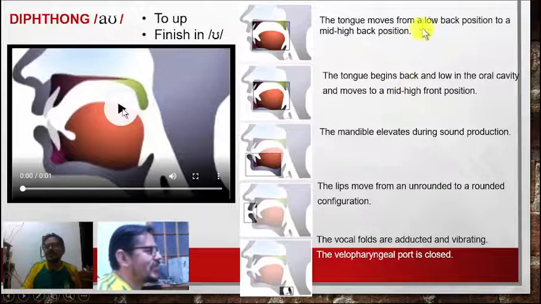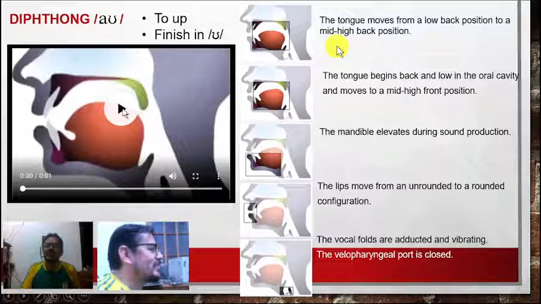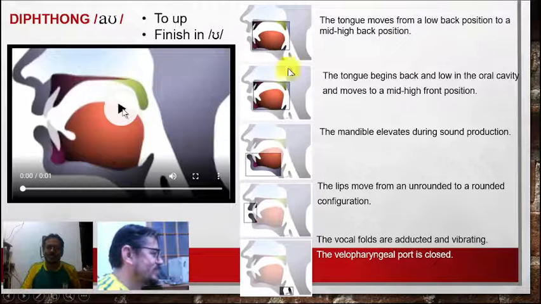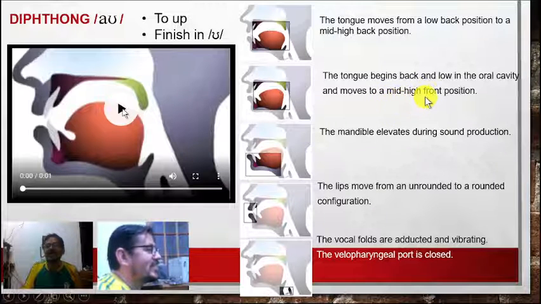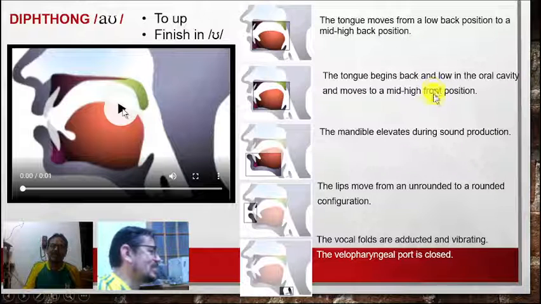The tongue moves from a low back position to a mid-high back position. The tongue begins back and low in the oral cavity and moves to a mid-high back position.